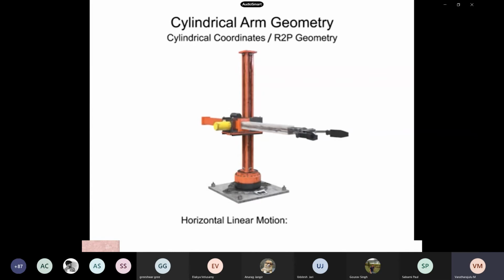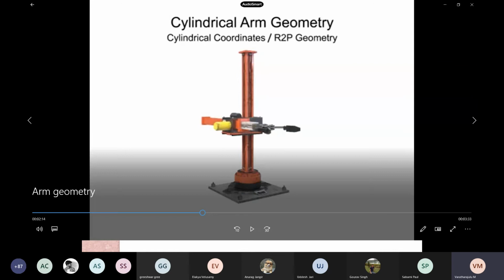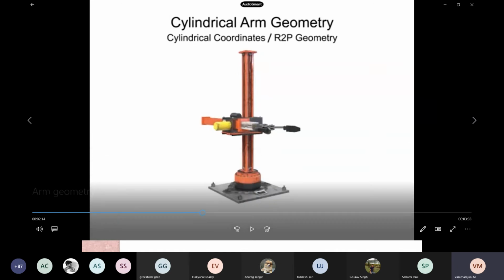Horizontal linear motion is called reach. And rotational motion is called swing. There are three different types of motion: stroke, reach and swing.